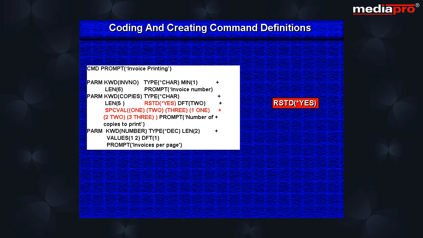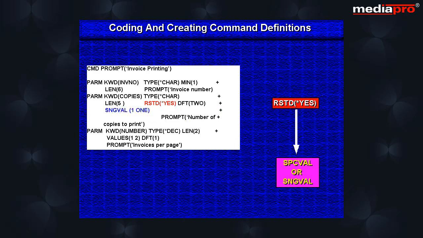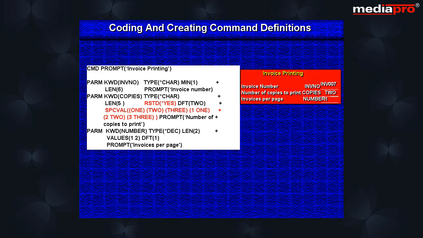Restricted parameter with a value of *yes is used to restrict the valid values for the parameter to the set of values identified by the values, special value, or single value keywords. The values parameter identifies a set of valid values that are allowed for this parameter.